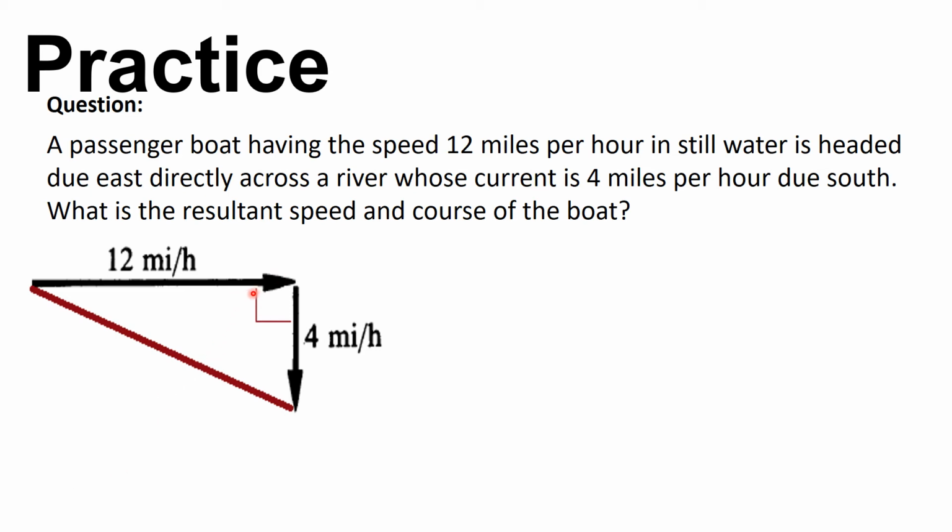You clearly have a 90-degree angle formed here. So this would be the hypotenuse, and the other sides, the legs, are 12 and 4 miles per hour in magnitude.